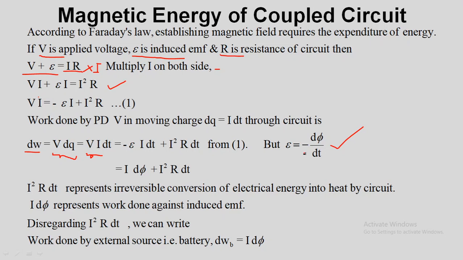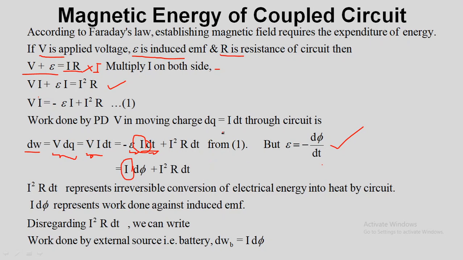So now here we substitute: from this equation, this I continues here, and minus e dt. So from here, minus e into dt is d phi.